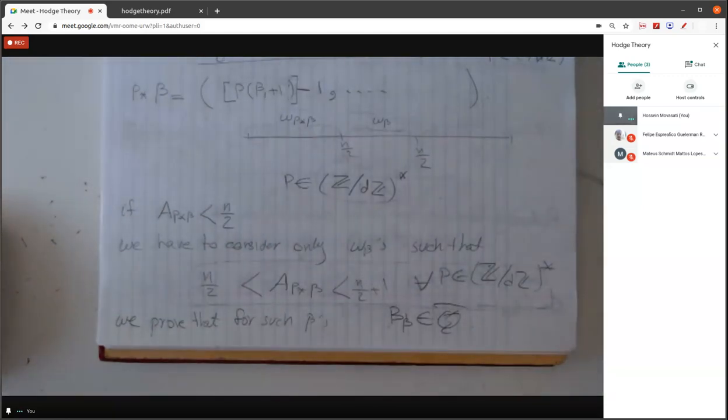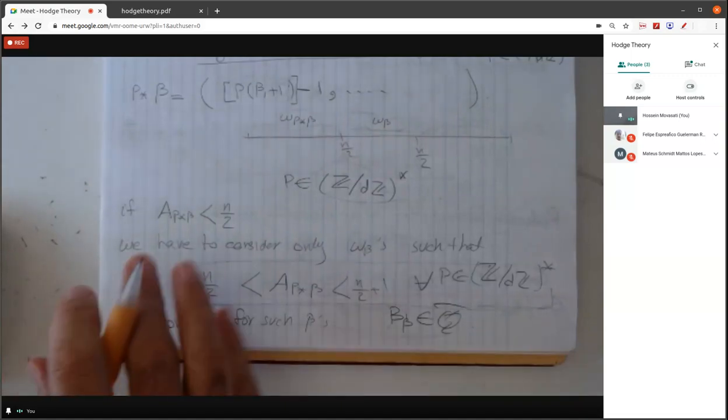Okay, and so these are probably the transcendental beta factors, and then we are still in trouble. We have to prove that these betas are 0.